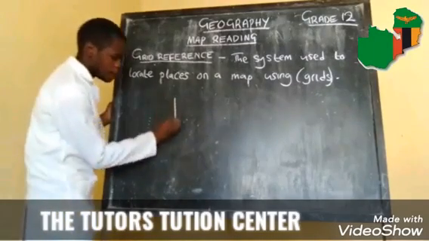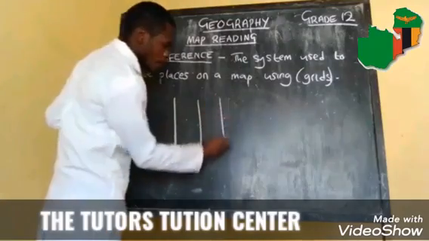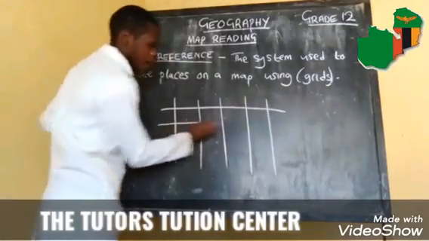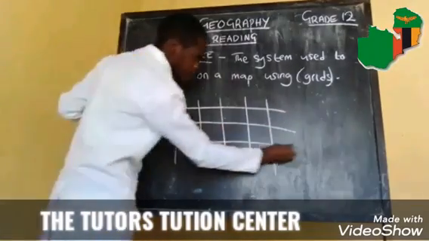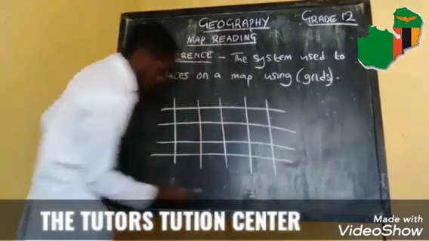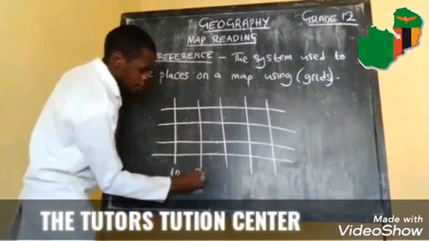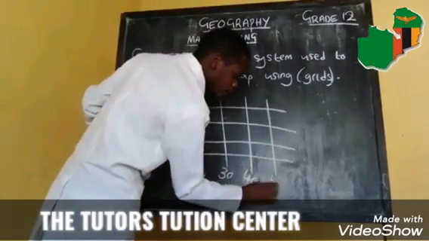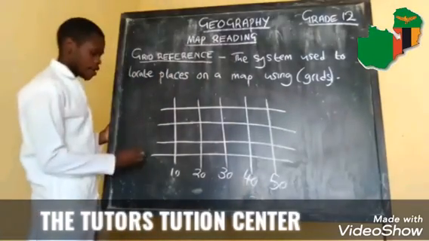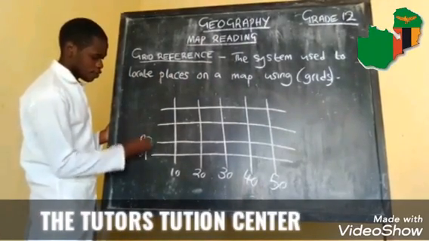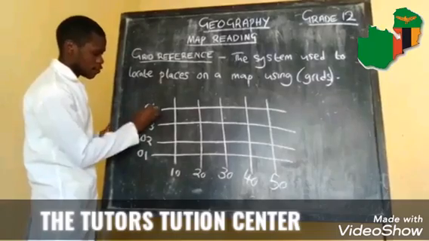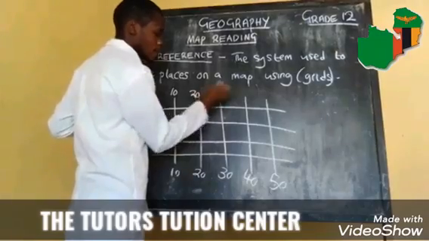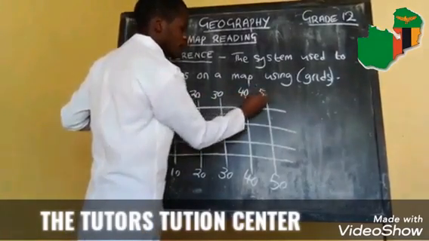We can have a map extract like this. We have 10, 20, 30, 40, and 50. Then here we can have 01, 02, 03, 04. So here we have 10, 20, 30, 40, and 50.